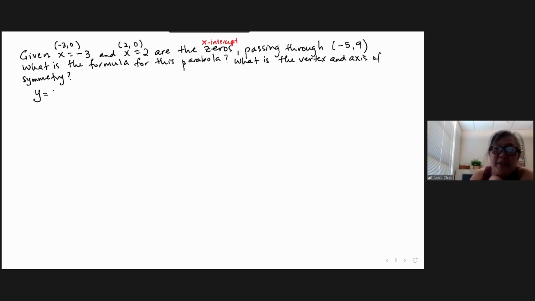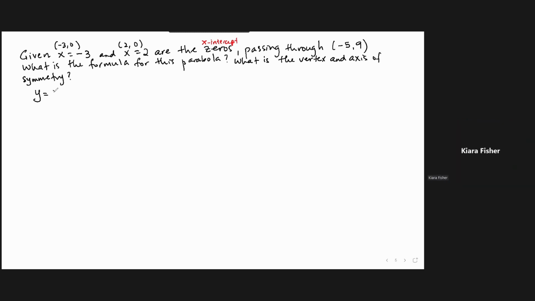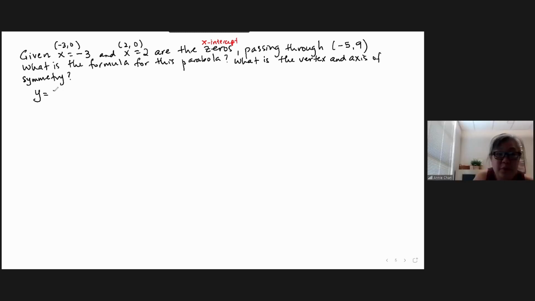So what is the best way to write the formula so that it's already half done for us? Would it be x plus 3 and x minus 2? Yeah. So the general formula in factor form would be y = a(x - a)(x - b), or plus b, whatever.